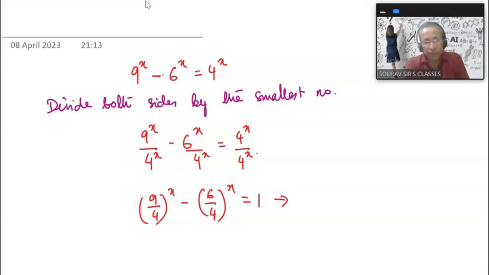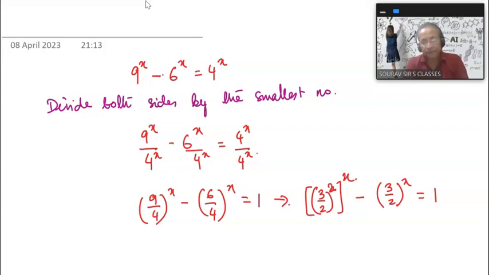So therefore you can write (3 by 2 to the power 2) whole to the power x. This is just using the law of indices. Minus 6 by 4 becomes (3 by 2) to the power x equals 1.